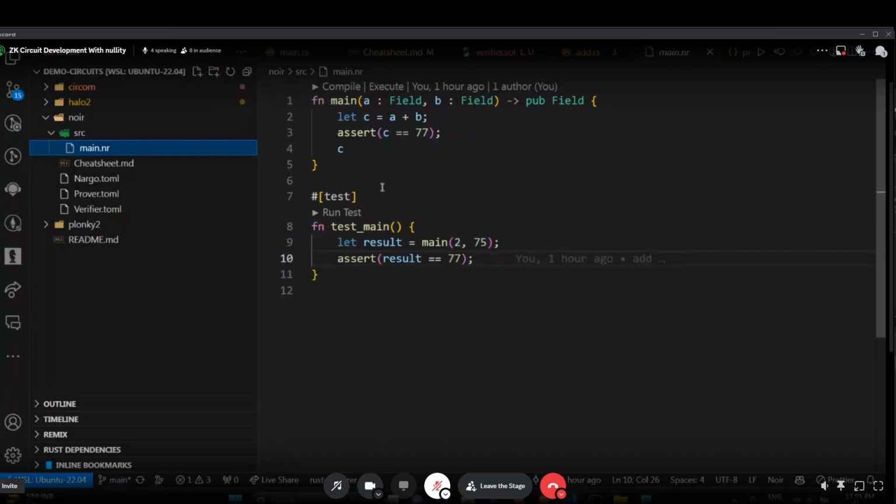So I just do the same circuit in all the proof systems, all the circuit building tools. These are on my GitHub.